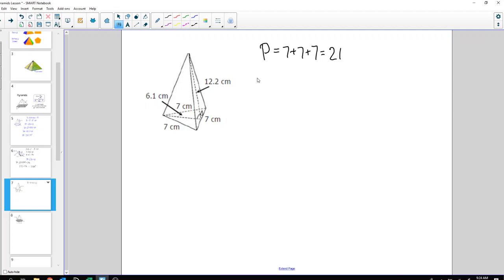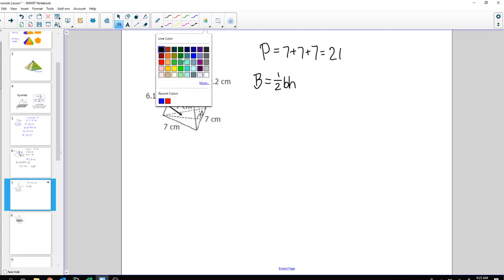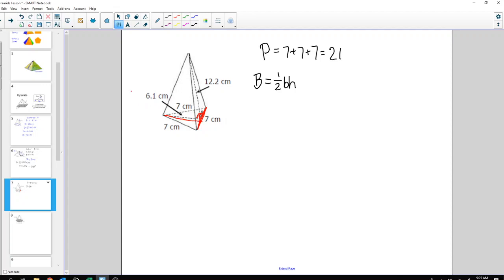Now the area of my base, this is not going to be side squared because it's no longer a square that we have on our base. What we have for the base is a triangle, which means the area is 1/2 times a lowercase b, so the base of the triangle, times the height of the triangle. So in this case here, this here I'm going to use as my base because I have a perpendicular line coming out of that triangle, which means I can use this side here as the height of my triangle.